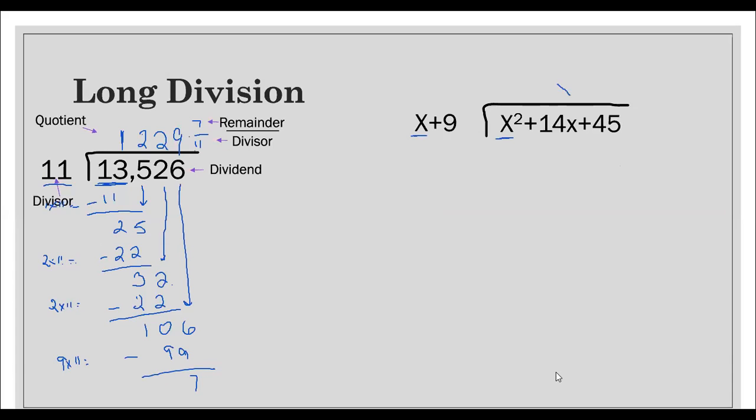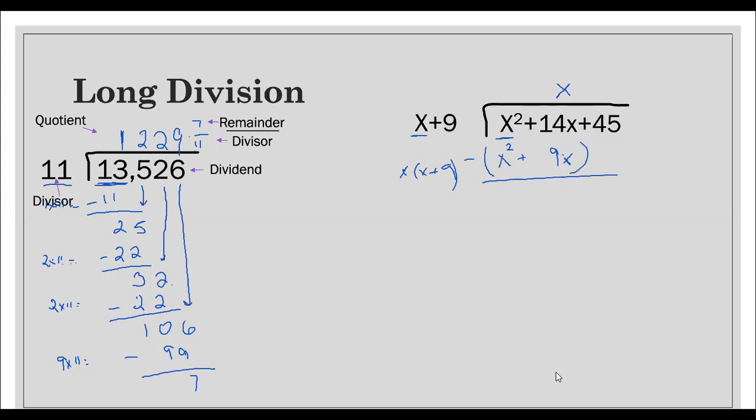And I'm going to put that x term over the x term in my dividend to keep things straight. So now we're going to do x times x plus 9, just like we did 2 times 11 over here. So x times x plus 9 is x squared plus 9x. And just like we did in long division with numbers, we're going to subtract this whole term.